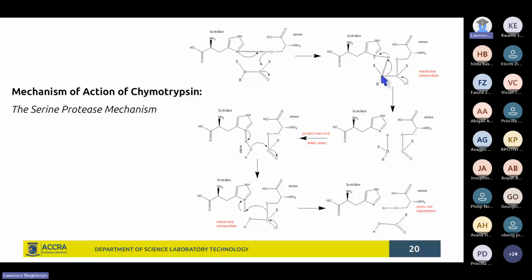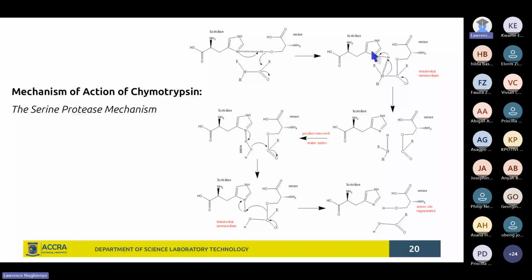And you have a temporary covalent bonding of the oxygen of the original hydroxyl group of the serine with the carbon, the C terminus. You form an intermediate. This is an intermediate having a tetrahedral structure.